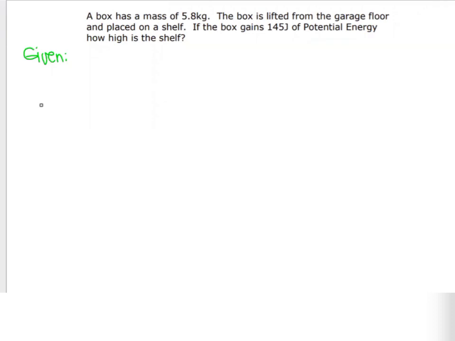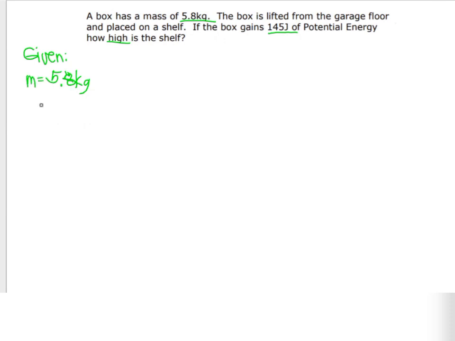Okay, so we are now on problem number 3. So let me read it. A box has a mass of 5.8 kilograms. The box is lifted from the garage floor and placed on a shelf. If the box gains 145 joules of potential energy, how high is the shelf? Okay, so that is mga given. We have here 5.8 kilograms, and of course, that 5.8 is your mass.